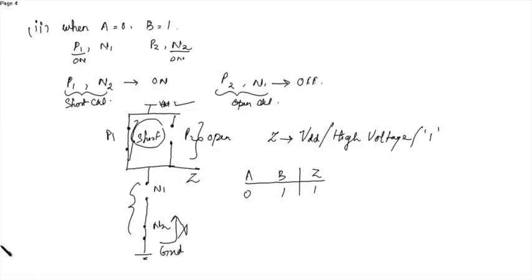So similarly, we'll see the next case. When A is equal to 1 and B is equal to 0, similarly at A we have P1 and N1, at B we have P2 and N2.